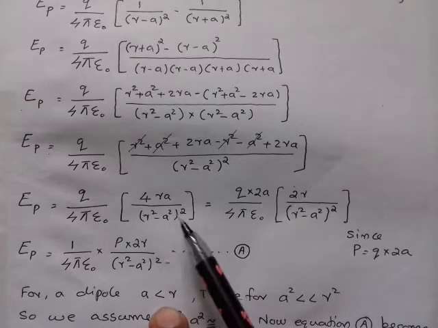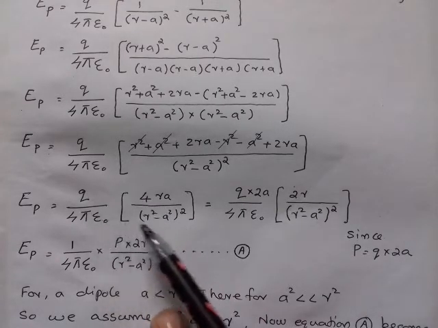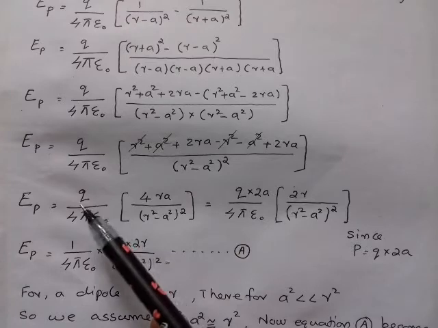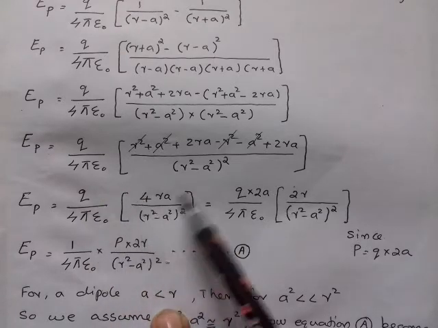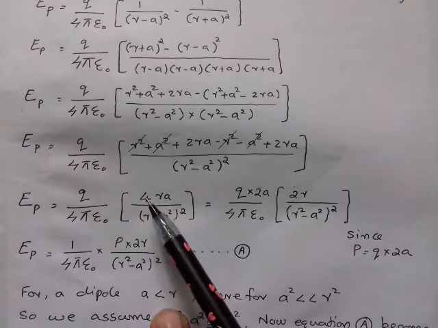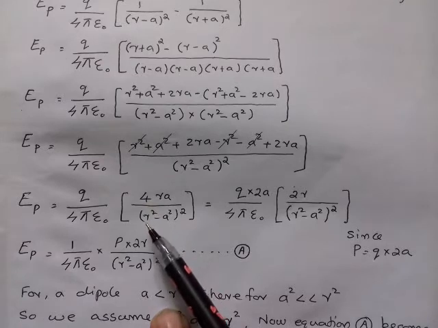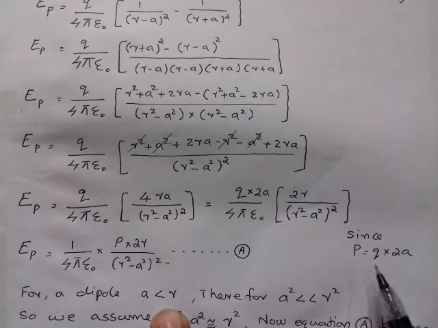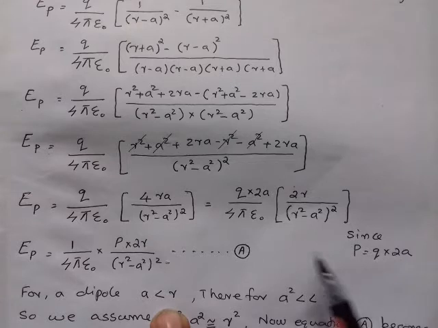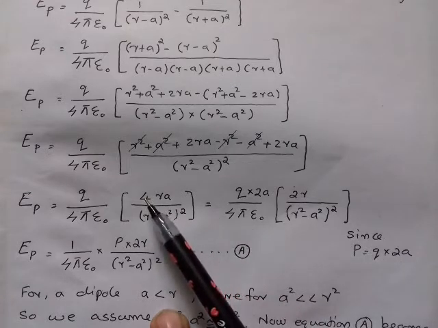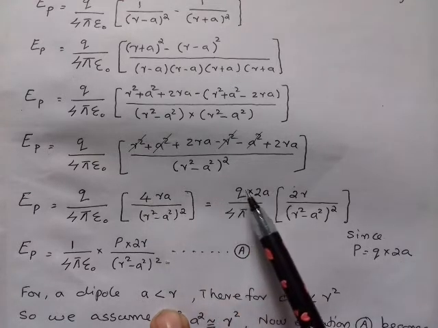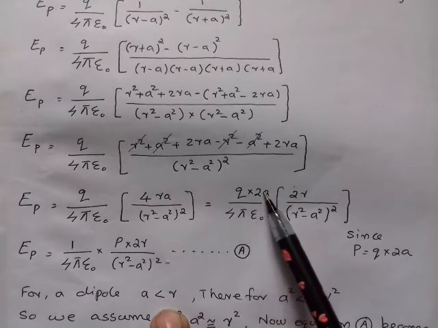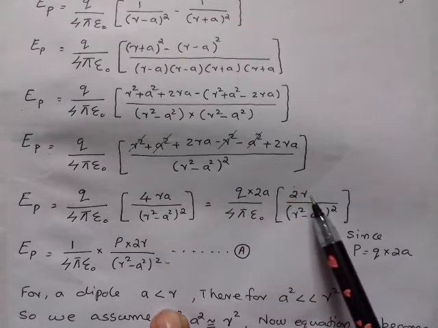Okay, now we'll go with some other things. We have arrived at this equation: q by 4 pi epsilon 0, and within the bracket, numerator 4ra, denominator r square minus a square, the whole square. We have the dipole moment P equal to q into 2a. So we can write this 4 as 2 into 2, and extract q into 2a here, into 2r.